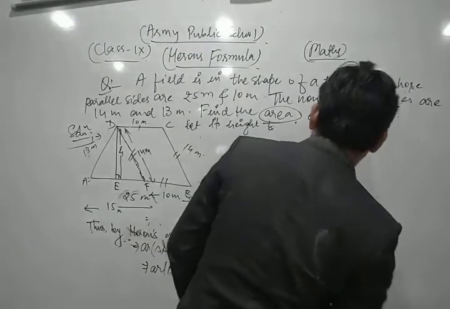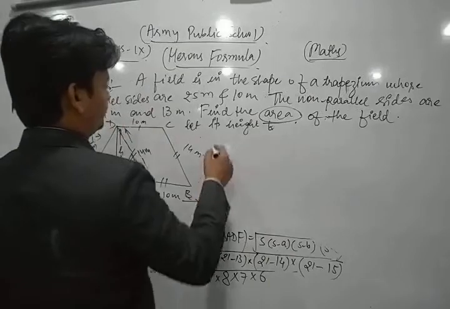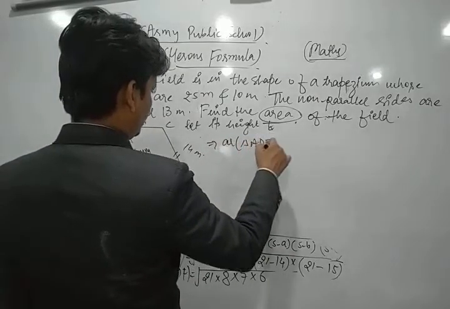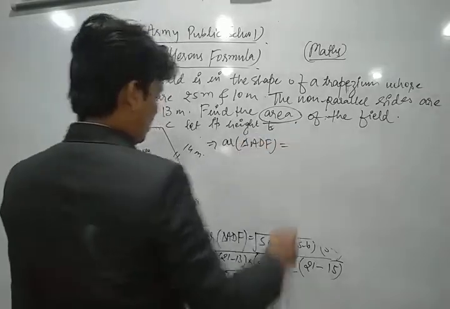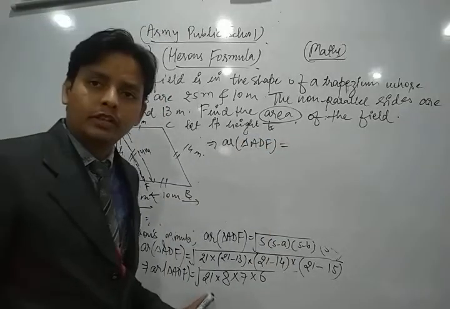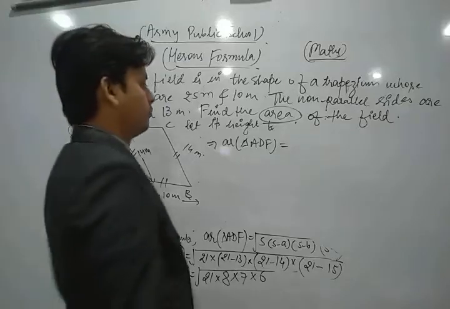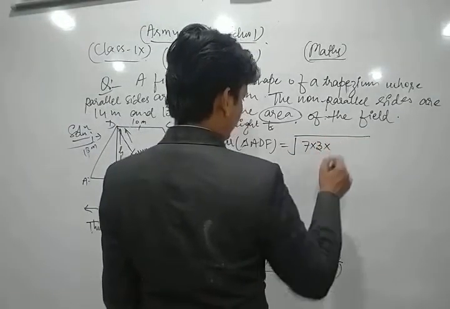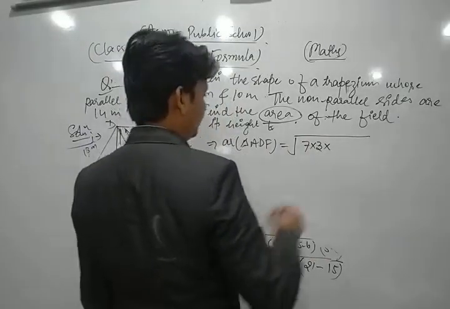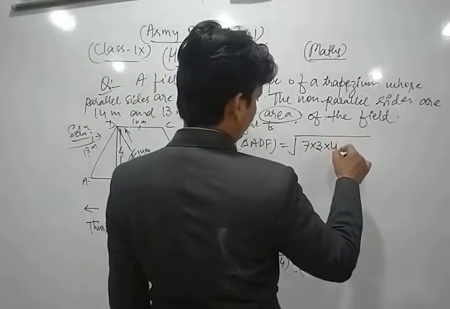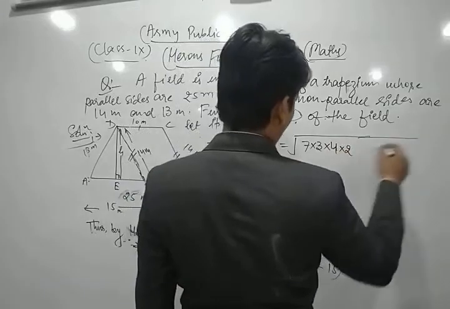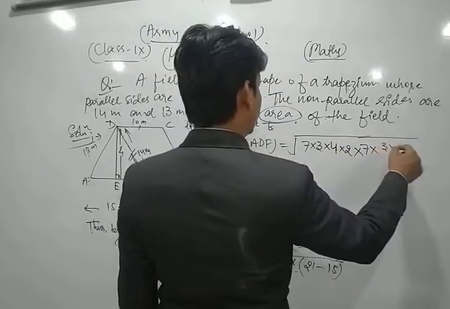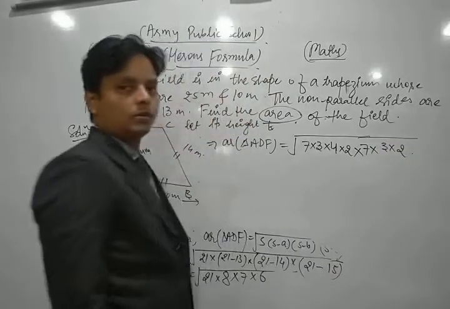Now look, area of triangle ADF is equal to the square root of 21, we can write 7 into 3, into 8, we can write 4 into 2, 7 written as it is, 6 we can write 3 into 2.